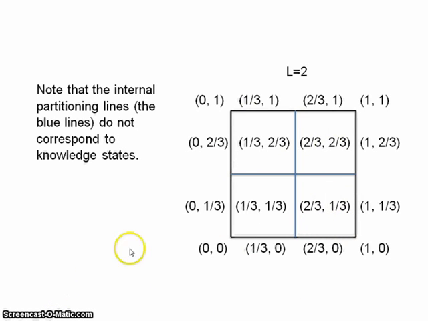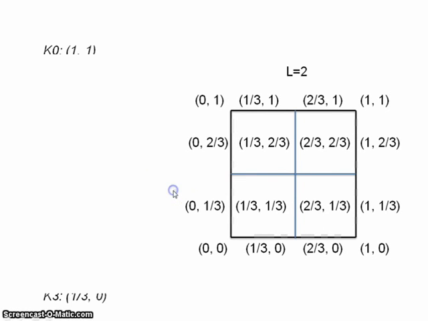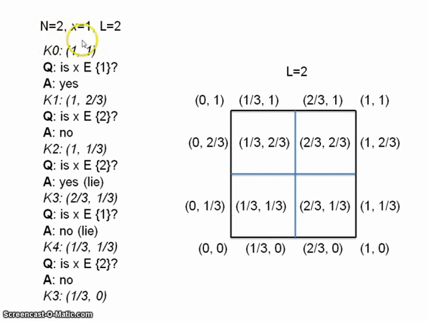Right, well, let's see this square at work in a sample game. So let's consider a game where we have a search space of 2, our target number is 1, and we have 2 lies. And here is the sample game just here.